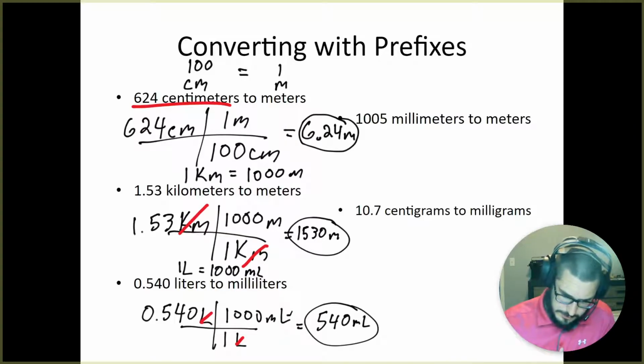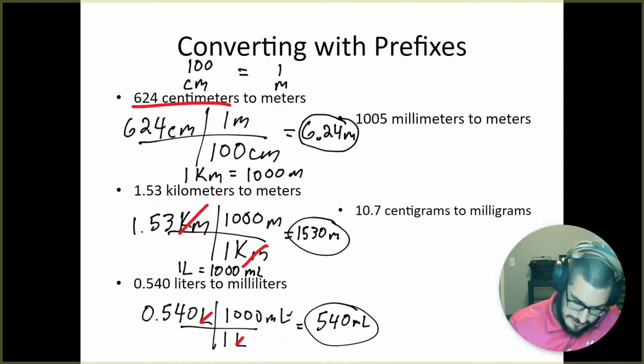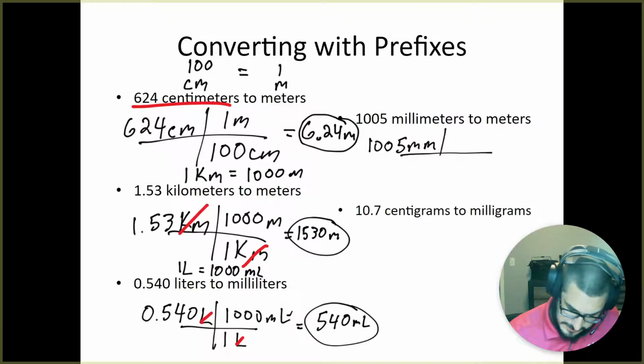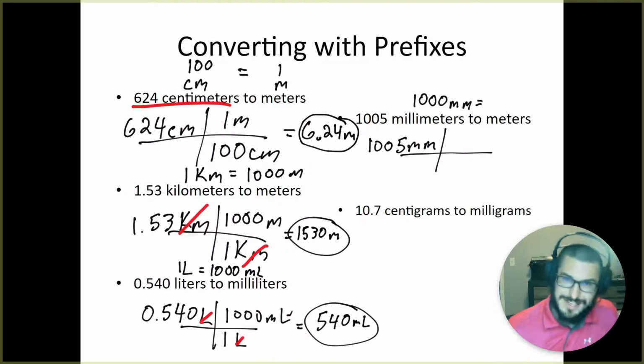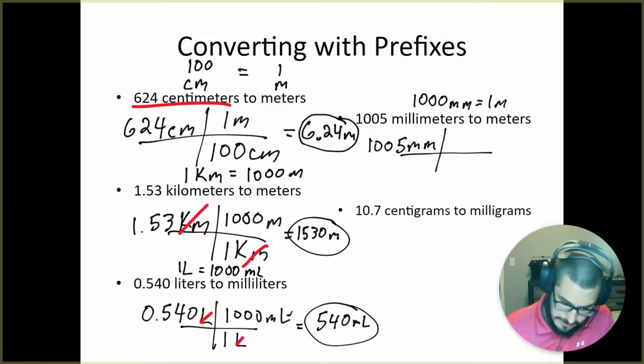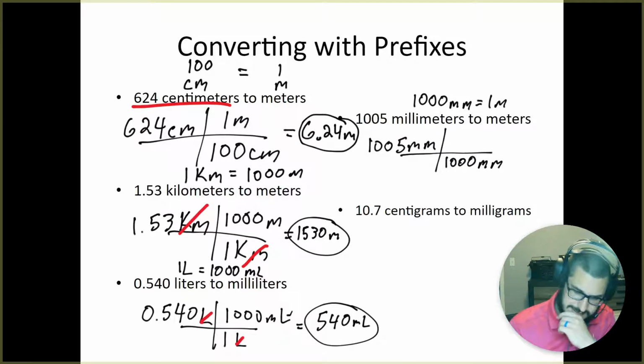Okay. Then up to the right, we've got 1,005 millimeters to meters. So we've got 1,005 millimeters, and we know milli means 1,000. Millimeter is smaller, so 1,000 millimeters equals 1 meter. I need that millimeters on the bottom, so that's going to go here on the bottom of this T-chart, on the bottom of this train tracks, and then the 1 meter will have to go on the top because that's the other side of this conversion.